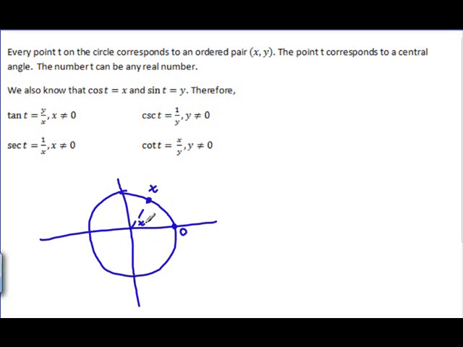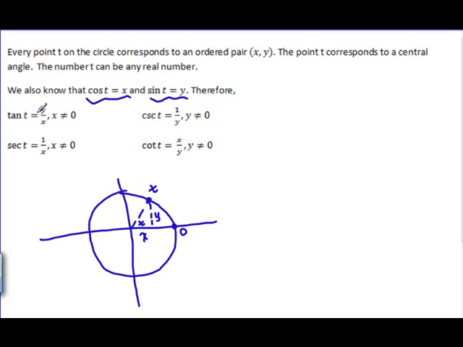Then we know that the cosine of T is really equal to the x value of that point. So cosine of T is x, sine of T is y, and therefore we can define the other trig functions in terms of that.